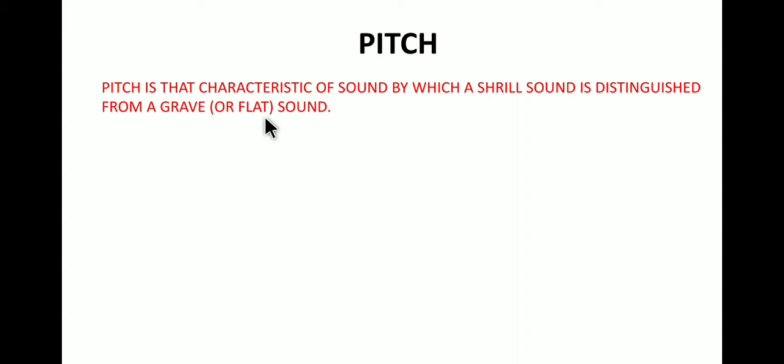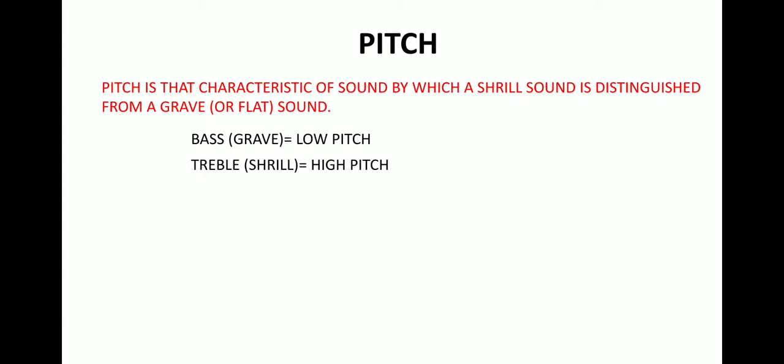Usually we can say that a bass or grave sound will have low pitch, and treble or shrill is high pitch. So different frequencies have different pitches. Low pitch will have one frequency, and high pitch will have a different frequency.